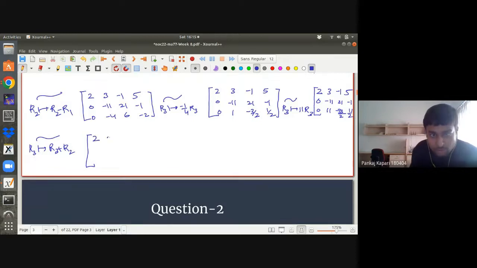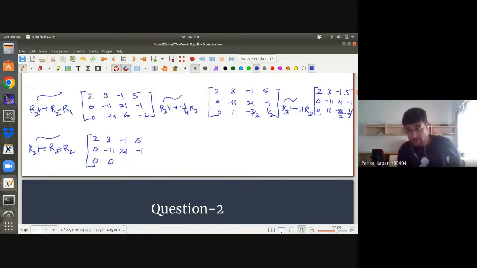So 2, 3, -1, 5, 0, -11, 21, -1. Just add these two rows, the second and third row. So this will remain 0. This will become 0.